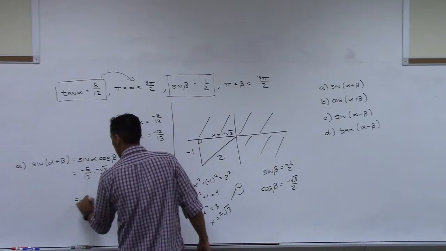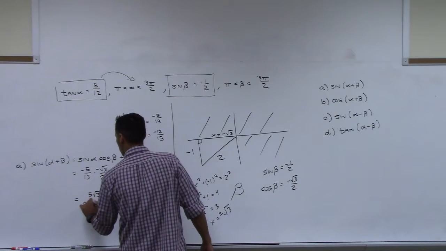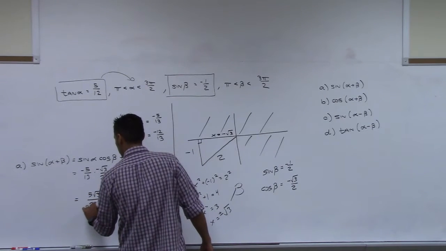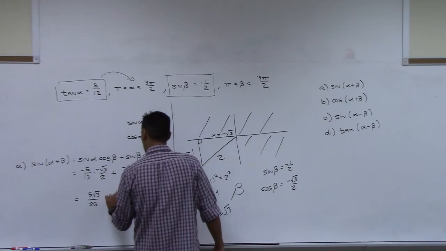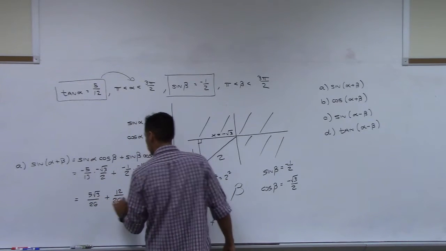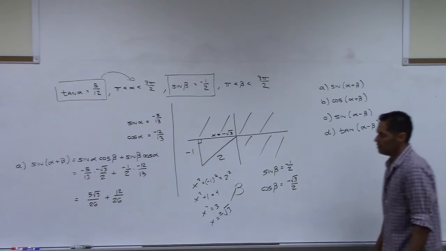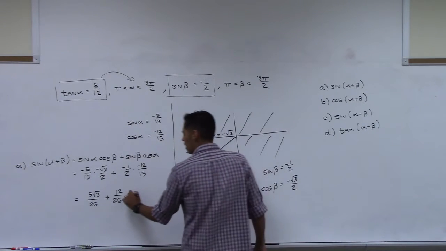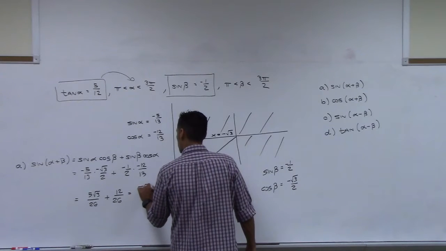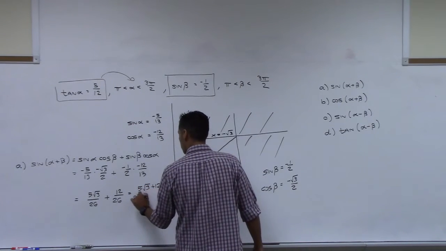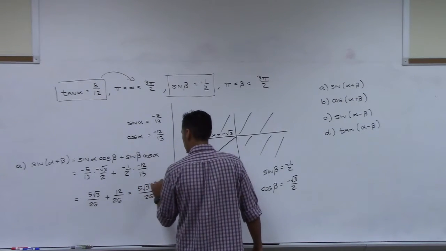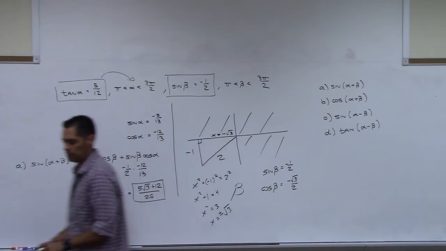So that gives me positive 5 root 3 over 26 plus 12 over 26. Negative and negative become positive, so we have the same denominator, so we can say 5 root 3 plus 12 over 26. And that's the exact answer.